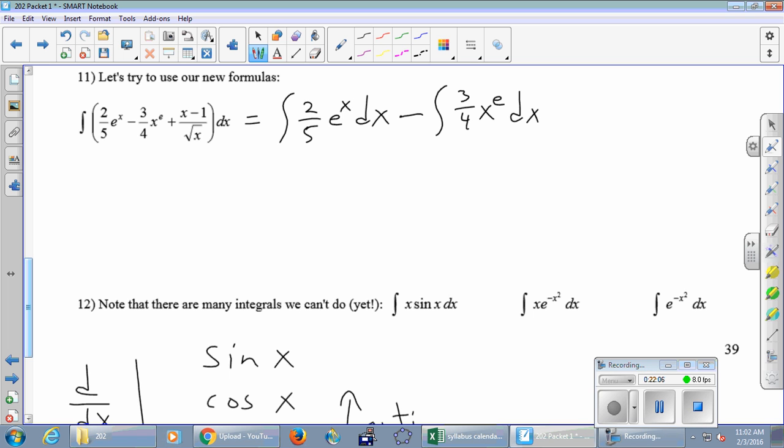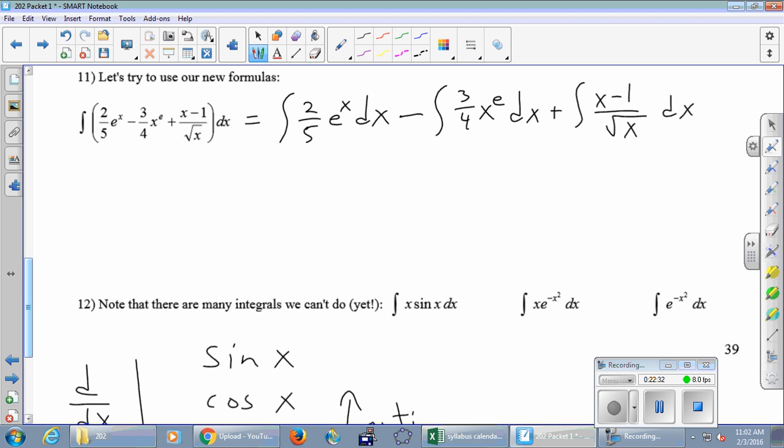That one also gets a dx. Next symbol, plus, and then one final integral, x minus 1 over square root of x, and that gets a dx. So far, so good. You can add and subtract very nicely with integrals. We're going to just put a single plus c at the very end after we do all 3 of these.